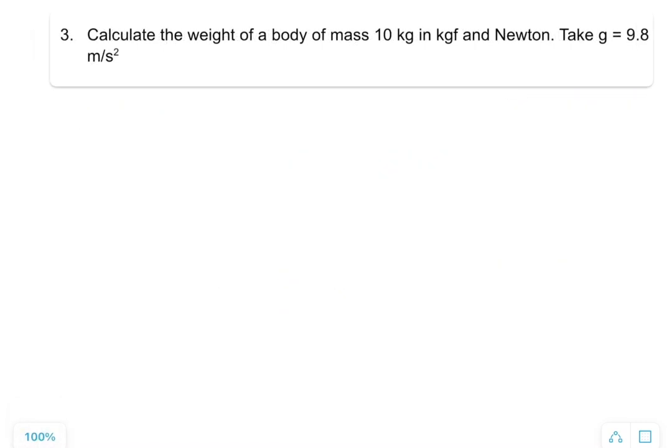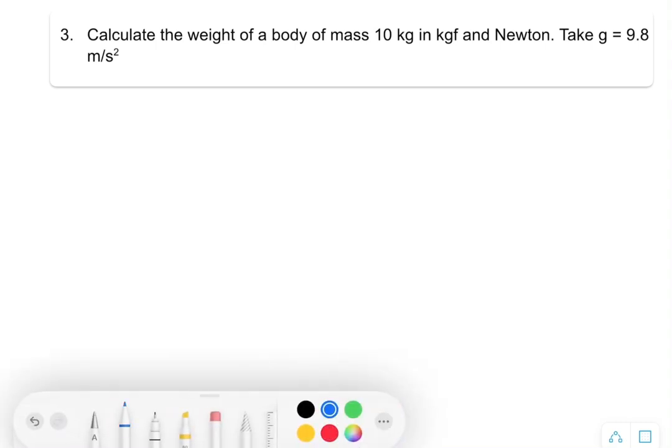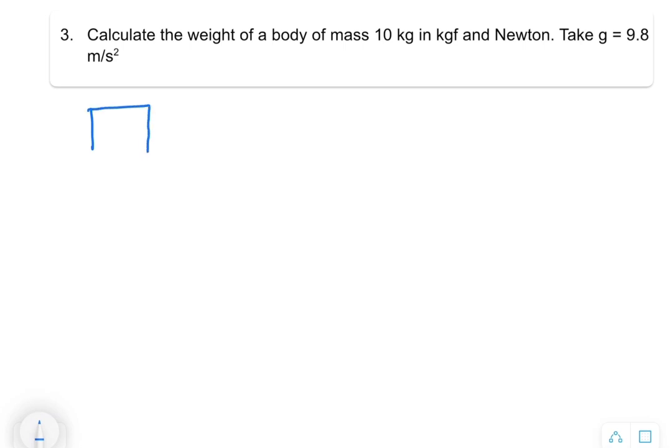Calculate the weight of a body of mass 10 kilograms in kilogram force and Newton. Take g as 9.8 meters per second square. So there is a body having mass of 10 kilograms.